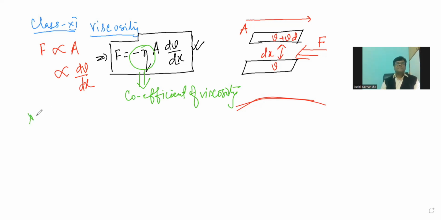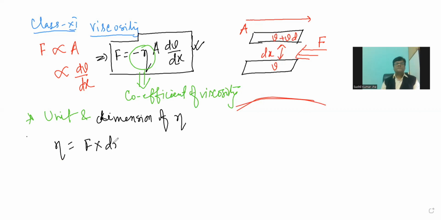Now let's find the unit and dimension of the coefficient of viscosity, which is very important. Of this eta, if we cross multiply, we get eta as F into dx divided by A into dv.